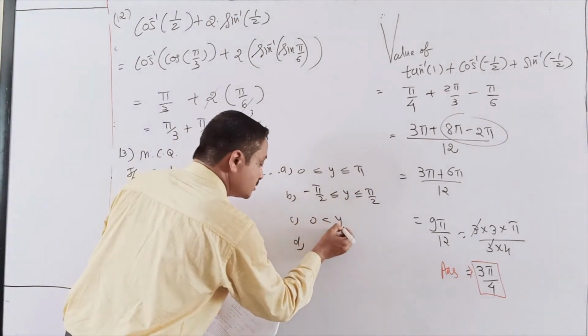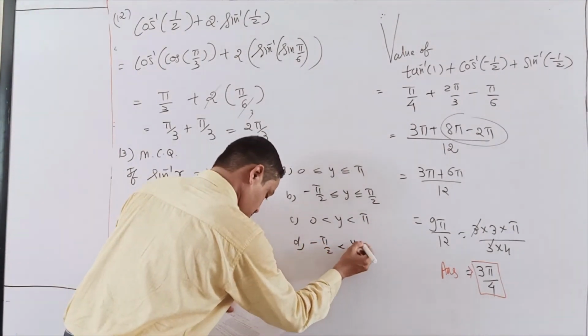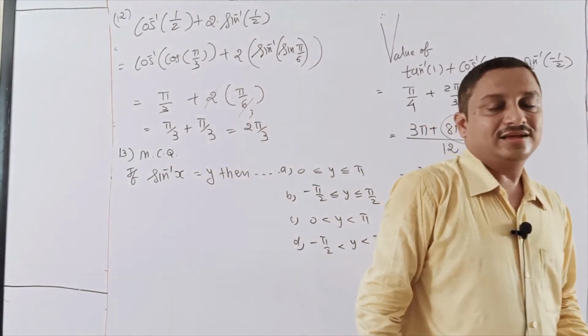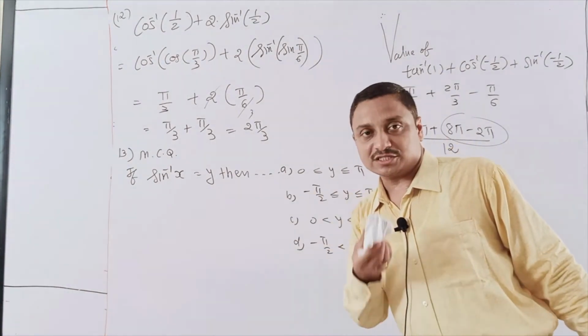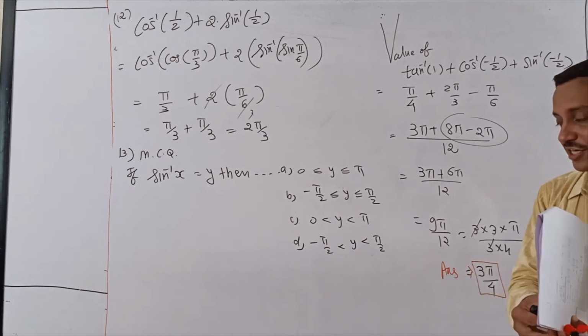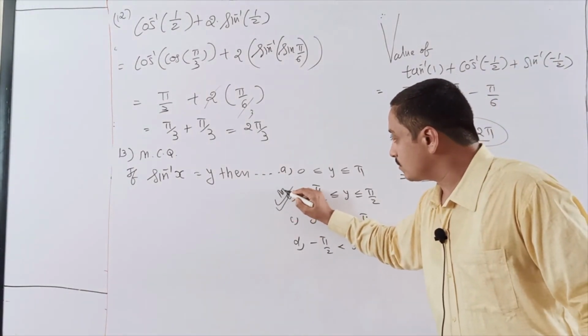Third, 0 to pi. And fourth, minus pi by 2 to pi by 2. Just to read the question, students, one more time I revise. What is the range of the sin inverse function? Yes, the range of the sin inverse function is minus 90 to 90, and that's my answer.